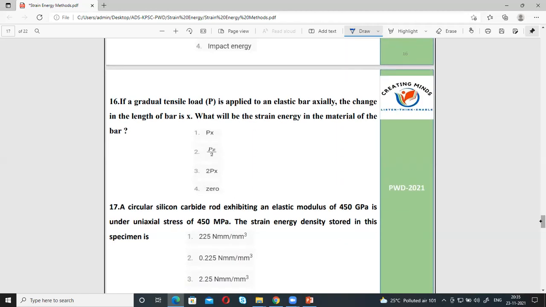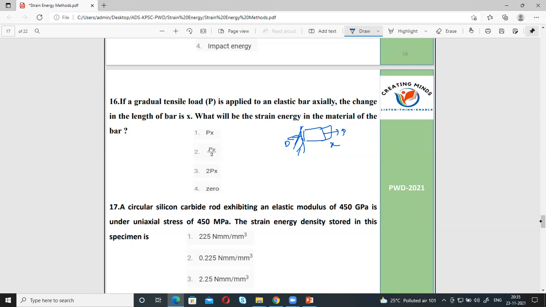If a gradual tensile load P is applied on an elastic bar axially, and the change in length of the bar is X, what will be the strain energy in the material? Option 2, Px by 2. How did we get option 2?